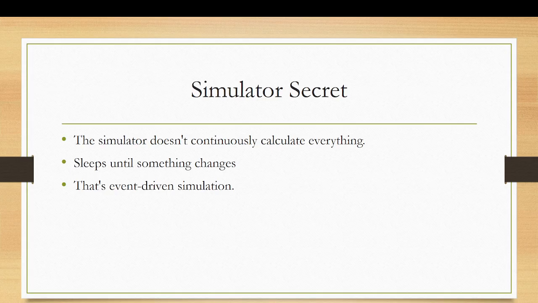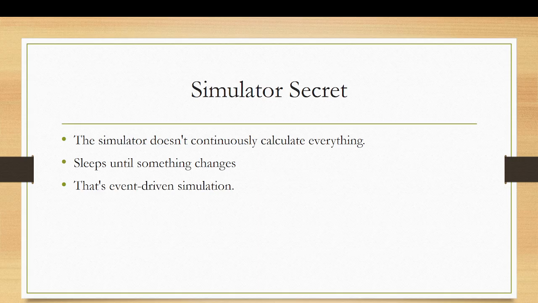Here is the secret. A simulator doesn't continuously calculate everything. That would be incredibly slow. Instead, it waits like a security guard. Nothing happens, nothing happens, nothing happens. Then suddenly something happens, an event occurs, the simulator wakes up, processes the event, and sleeps again. That's event-driven simulation.